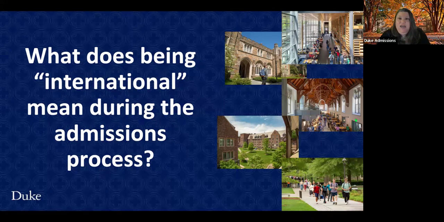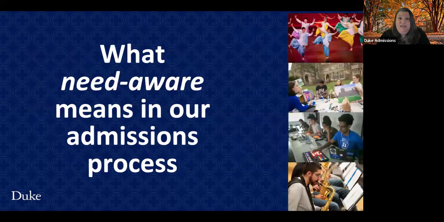So we are need aware for foreign citizens and visa holders, and that does mean that you are put into a particular specific pool that lets us know that you're international. You are in a more competitive pool as a result of applying for financial aid, because you're not eligible for federal aid, which means that we would be paying for that ourselves.